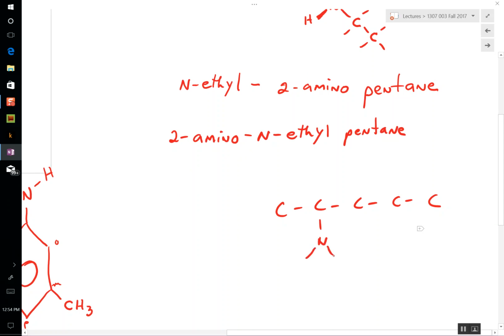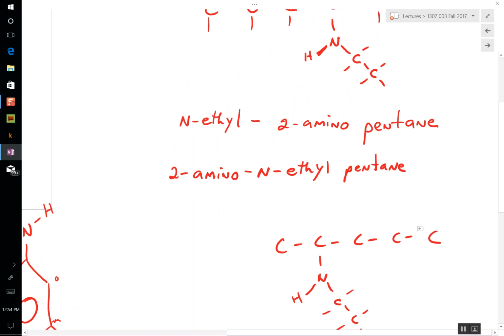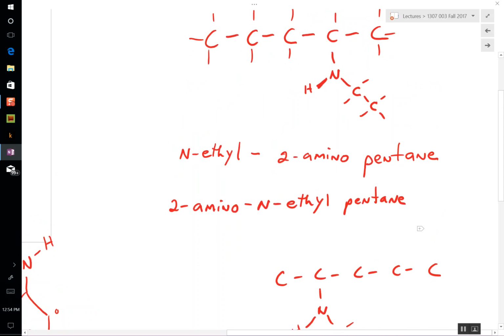I'd say that nitrogen's got to have 2 more things on it. Oh, it's got an ethyl, and it's got a hydrogen. So I would draw the right molecule. Those are both superimposable. I usually write from left to right. So yes, I would go to that structure from either one of these names.